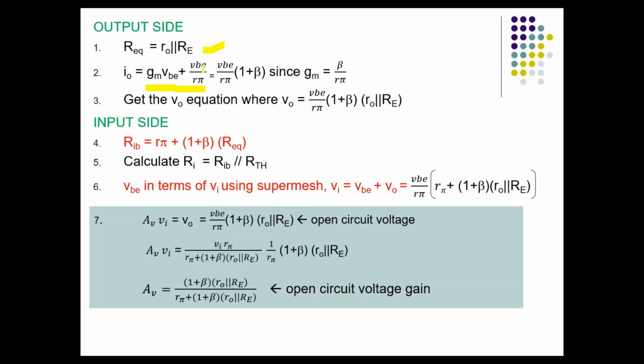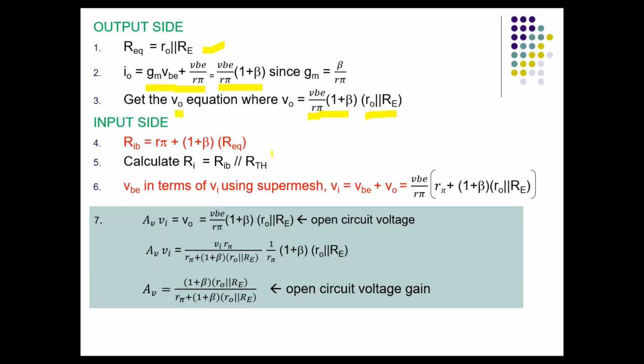So that's what I have obtained over here. Then you can simplify it like this, because GM is equivalent to beta over R pi. Then the third step for the output side is the Vout equation, at which Vout is equivalent to I0 multiplied by R equivalent. So you can see here, this is I0 and this is my R equivalent.